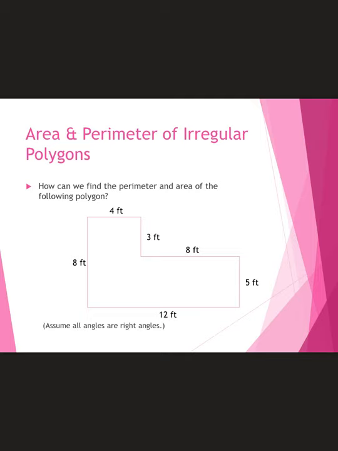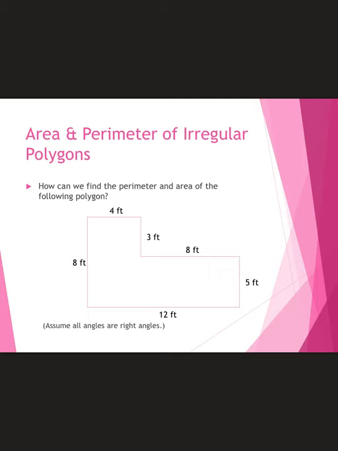So here let's take a look at how we can find perimeter and area of a figure. So we're going to assume that all the angles are right angles. So since this is an irregular polygon, we are going to have to cut this into pieces to be able to find what we need.